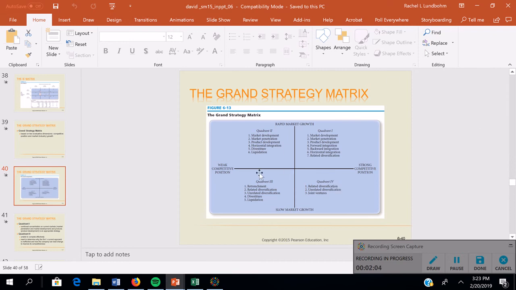Let's look at somebody who has a weak competitive position. Let's assume that Nokia still had telephones. Do they have a weak or strong competitive position? Well, they would have a weak competitive position.